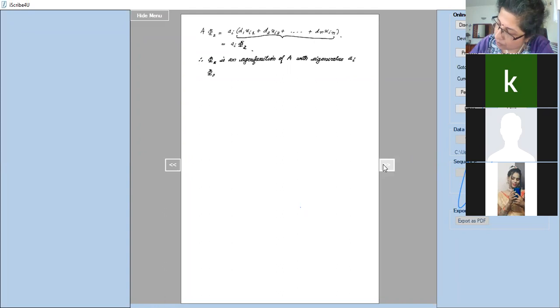And phi 2 is also an eigenfunction of B with eigenvalue b2. So is this clear now?